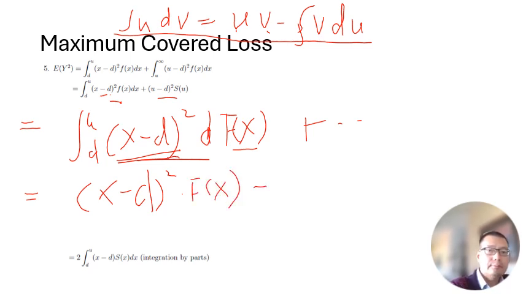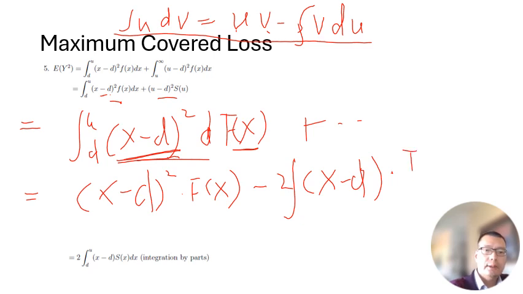Minus, now v is F(x), and du is this. If we take the derivative of (x minus d) squared, we get this, and we still have to multiply by v, which is F(x) dx, and still we have the last piece.